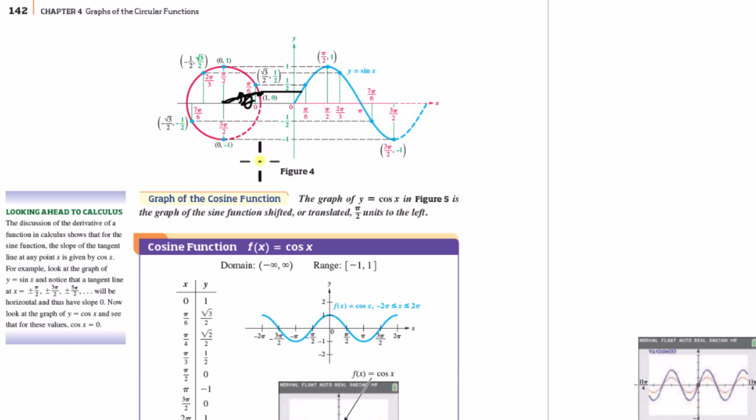So you see that intimate connection between the circle and the sine graph here, and similarly we'll see it with the cosine graph. Now, when we think about tracing an object, the concept of angular velocity is really important. We're going to see applications where you might be modeling something in real life that follows a sinusoidal pattern.